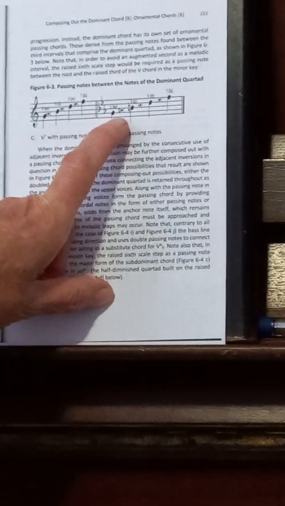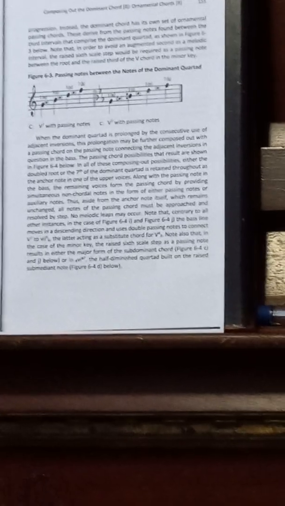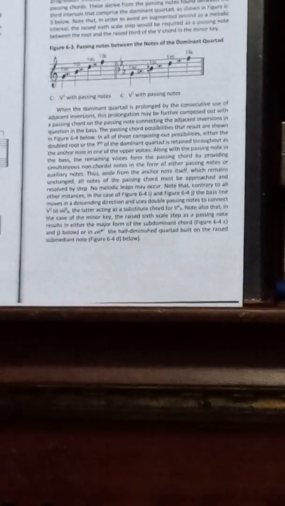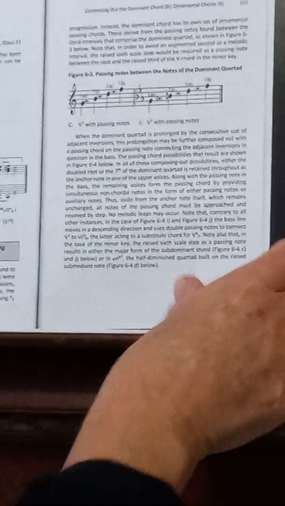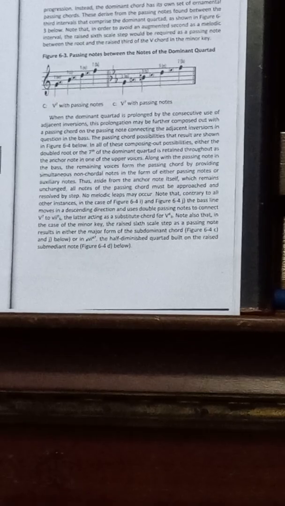And of course in a minor key, because of the raised leading note in the dominant chord, it would have to be a raised submediant note as well. So, La, Do, Ti, Re, Mo, Fa. Those are the basis on which you develop passing chords. Now they don't work in such very strict formulas as the passing 6/4s do, but they still basically work on the idea that if you have a passing chord, remember the passing 6/4s also work like that.